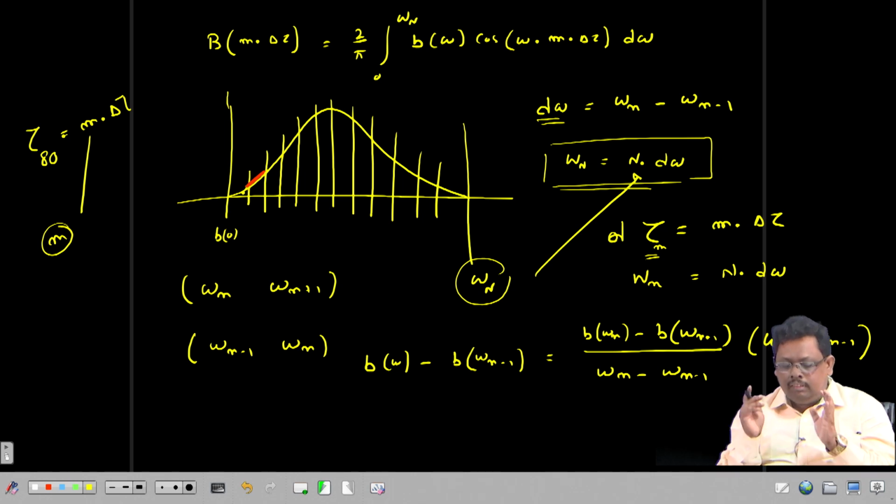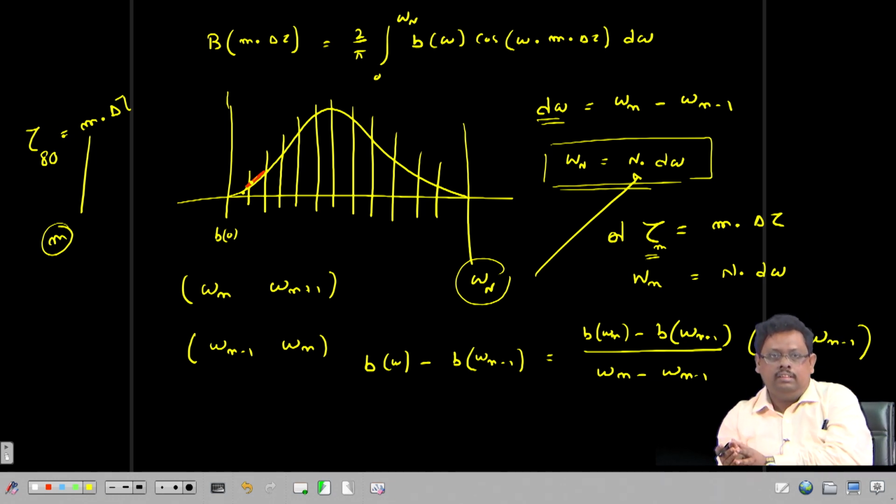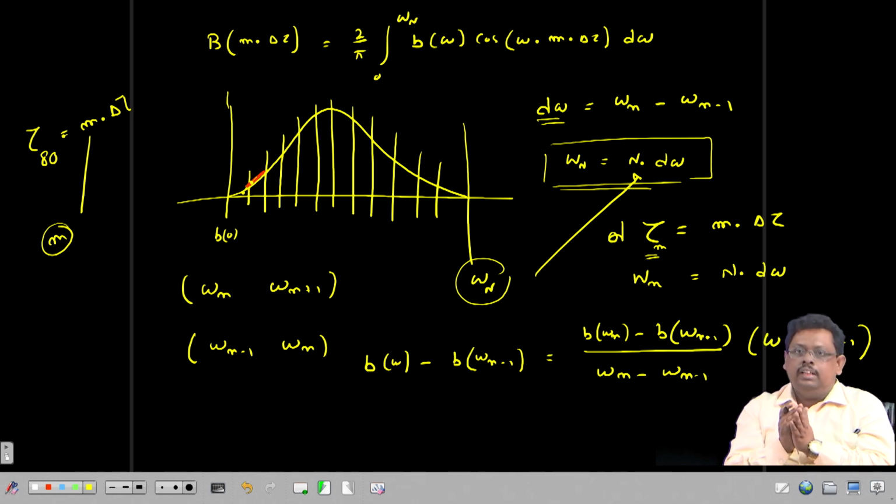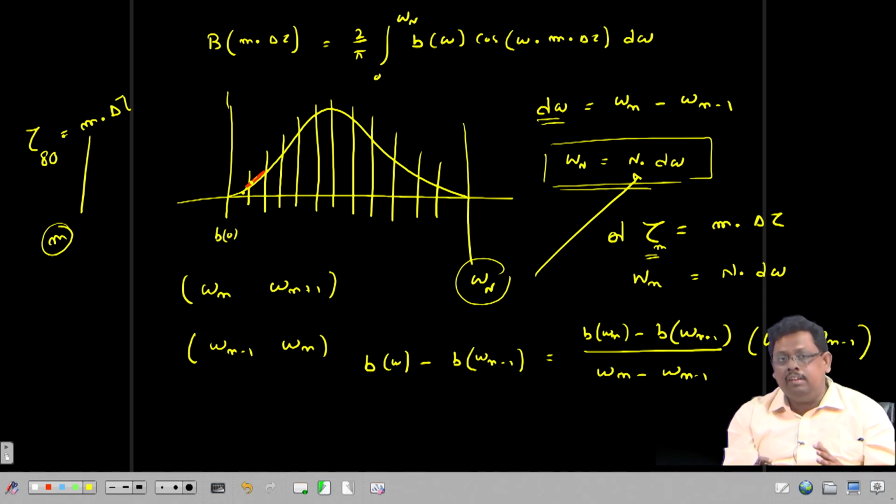Okay. So, the last thing we did today is how I can define the b omega between the interval omega n and omega n minus 1. I assume a straight line approximation, right. So, this is something that we have to do before we solve this integration with the help of the semi analytic method.